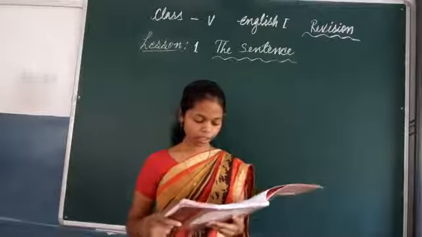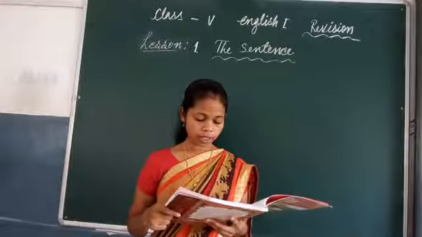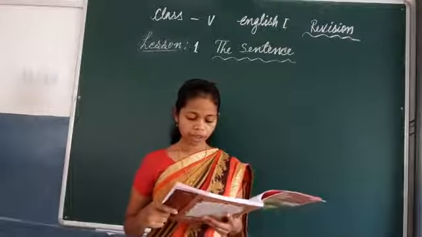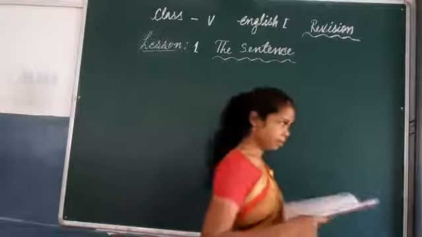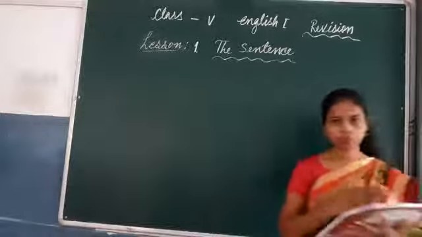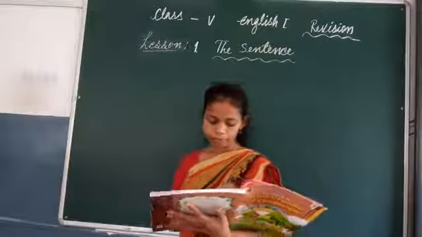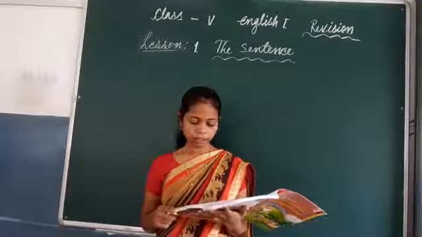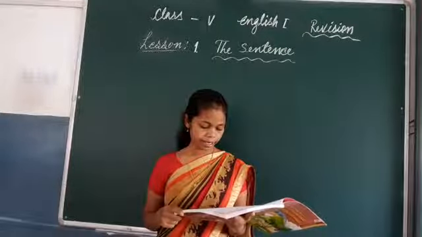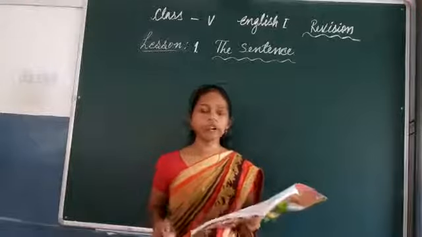Now next, second number. Groups of words that make partial sense are called phrases. Partial means part of a sentence. Examples: all of a sudden, across the street, in a few days. So these are phrases.